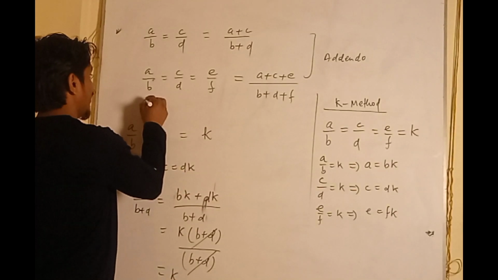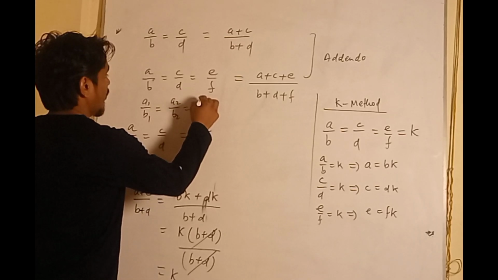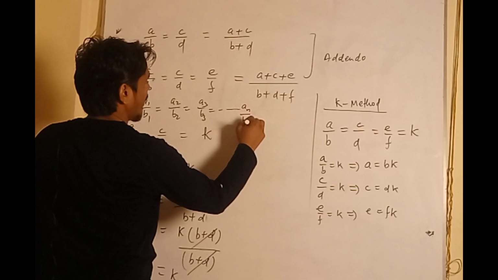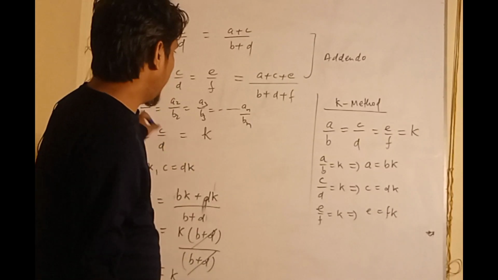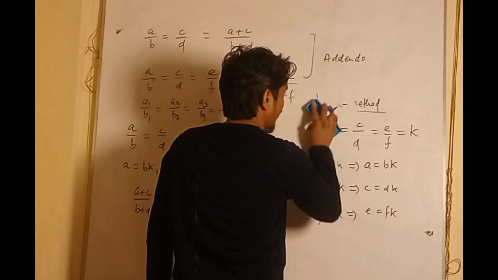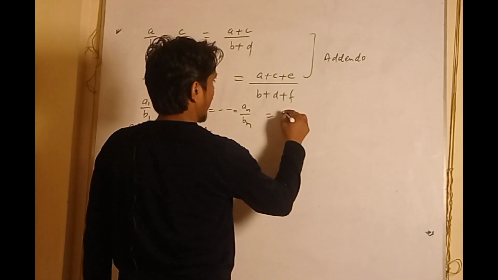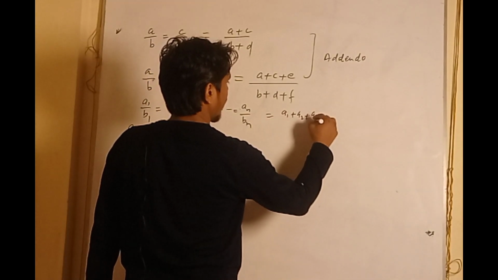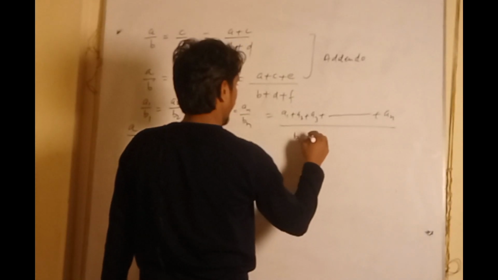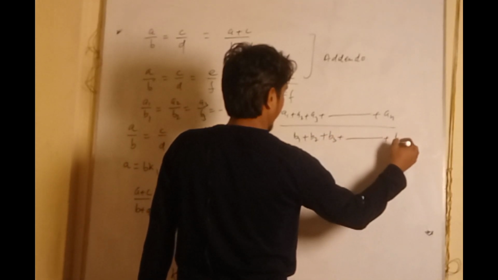For example, if I'm writing A1 by B1 is equal to A2 by B2 is equal to A3 by B3 equal to, let's say, up to AN over BN, I mean if any number of ratios are equal, then we can write this all equal to A1 plus A2 plus A3 and so on up to AN divided by B1 plus B2 plus B3 and so on up to BN.